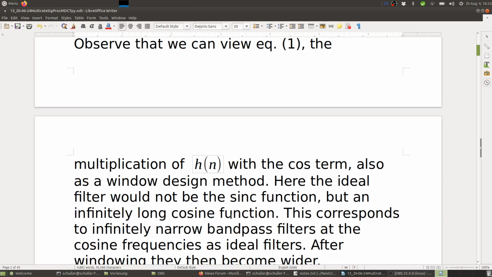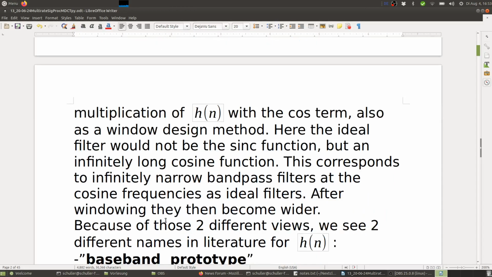So if you want a very narrow bandpass filter, you have a cosine function at the desired center frequency, and if it's very narrow, then this needs to be infinitely long. Yeah, so this corresponds to an infinitely narrow bandpass filter at the cosine frequency as ideal filter. After windowing, they then become wider.